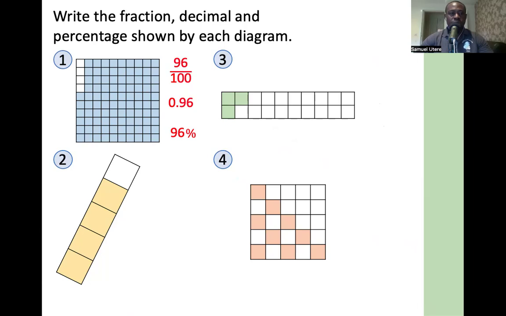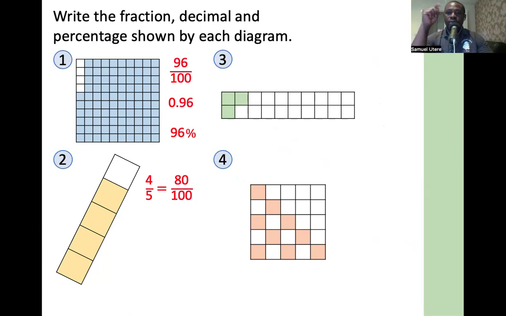For question 2, you have 4 out of 5 shaded. Now, did you remember what we learned about fifths? Fifths split the 100 squares into 5 equal parts. Now, if you split the 100 squares into 5 equal parts, you have each part comprising 20 squares shaded.